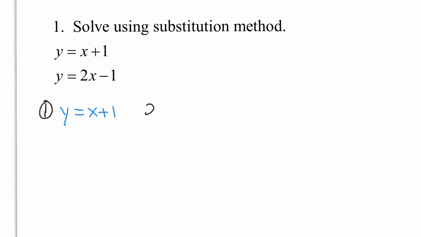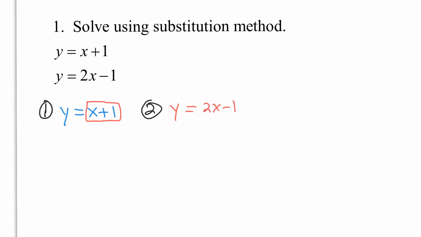Step number 2, you are going to substitute this expression right here, y equals x plus 1. So this right here is what y equals. And you are going to use the second equation. My second equation is this one. I already used the top, so now I'm using the bottom. So I have y equals 2x minus 1.